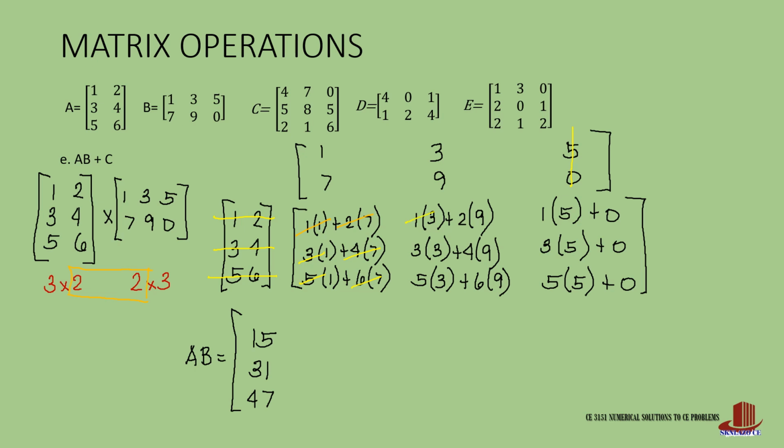Next one, 3 plus 18 would be 21. 9 plus 36 is 45. 15 plus 54 would give us 69.